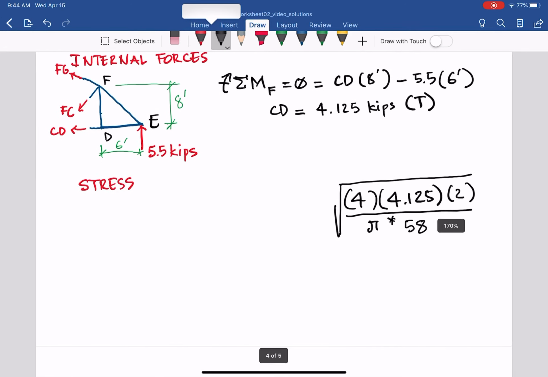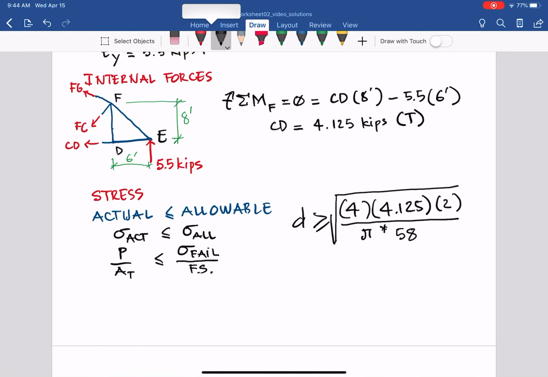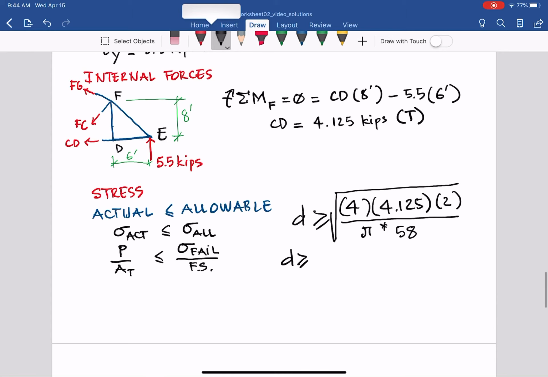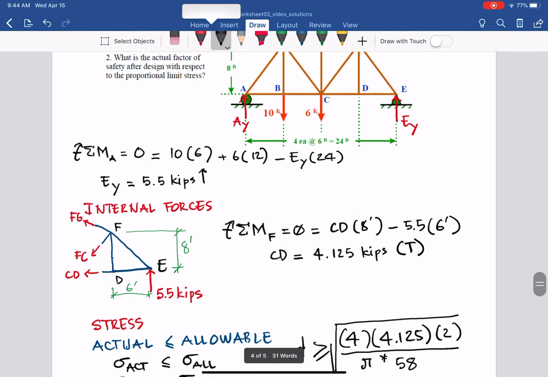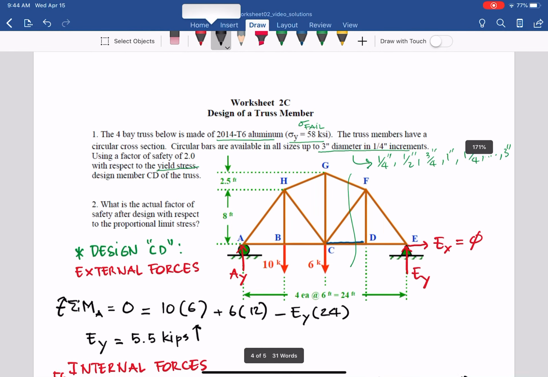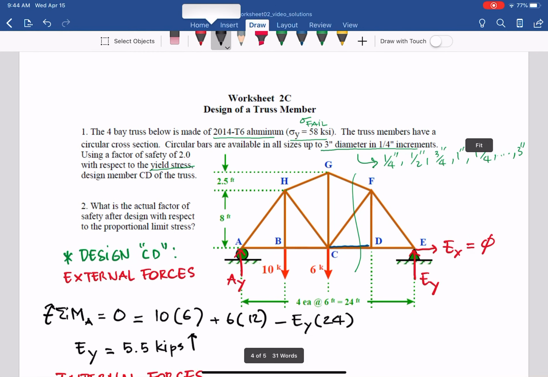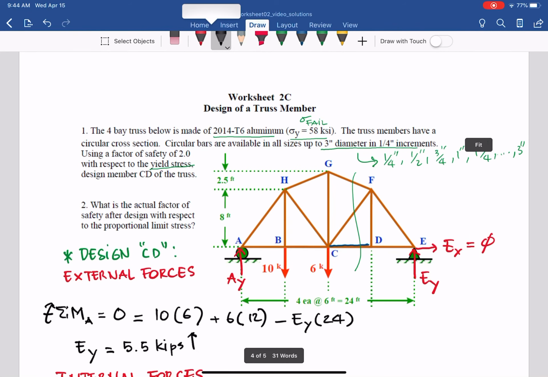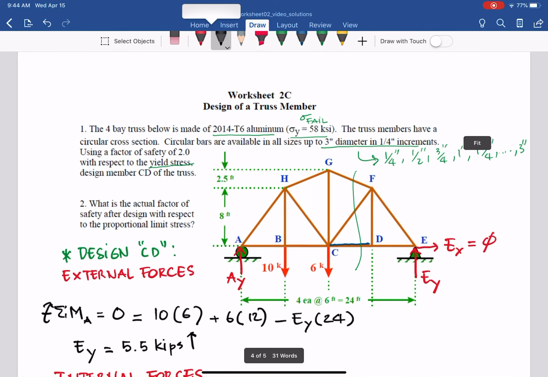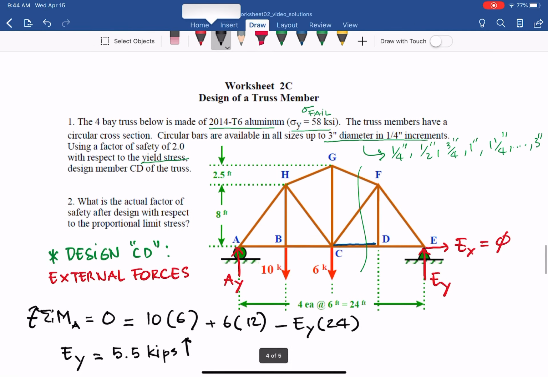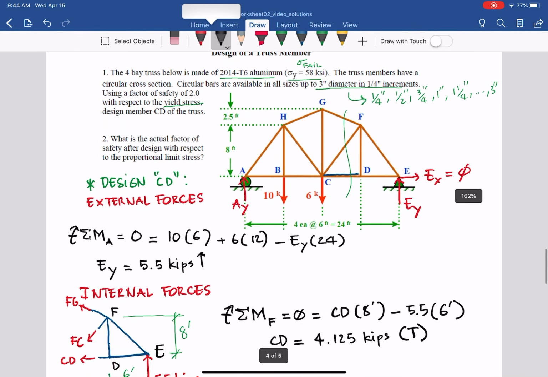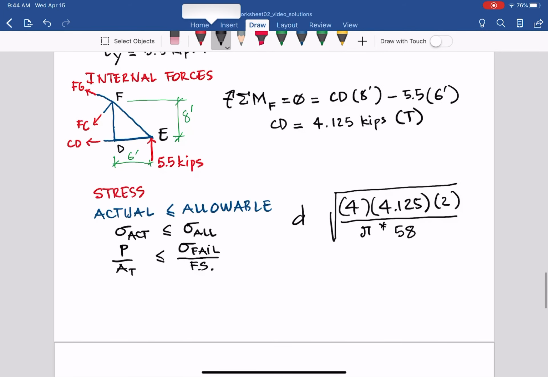So with that, we will have d greater than or equal to 0.426 inches. And the problem says to choose the diameter in 1/4 inch increments. So as I showed you earlier, it can be 1/4, 1/2, 3/4, 1, 1 1/4, etc., until 3. And the nearest one, you have to jump up, because it has to be greater than or equal to.